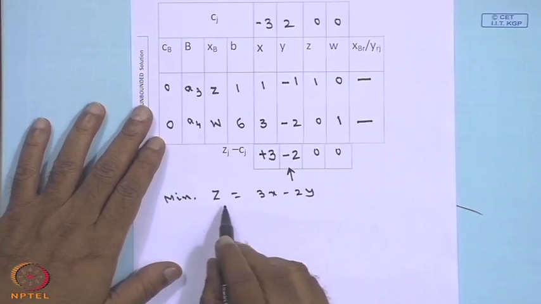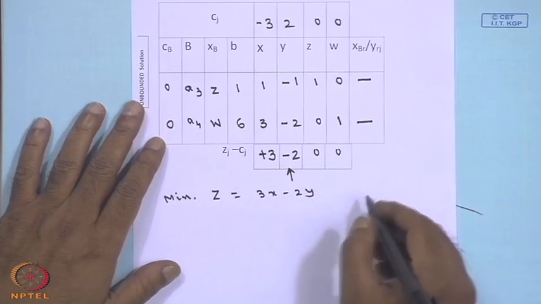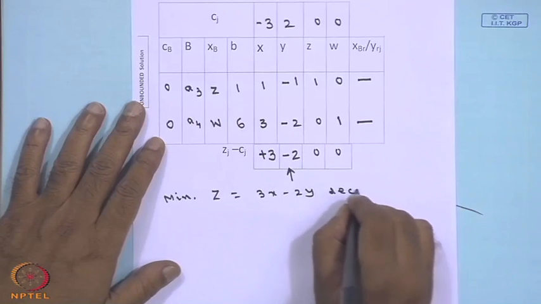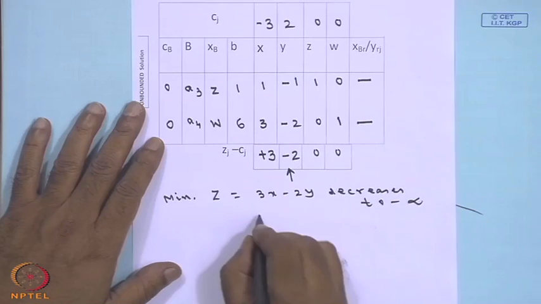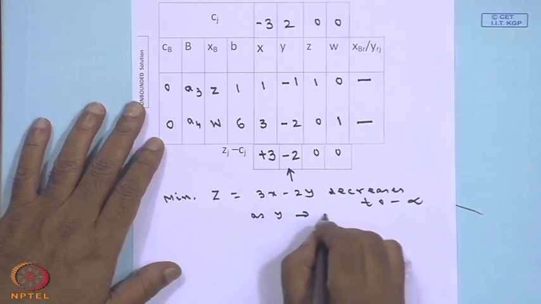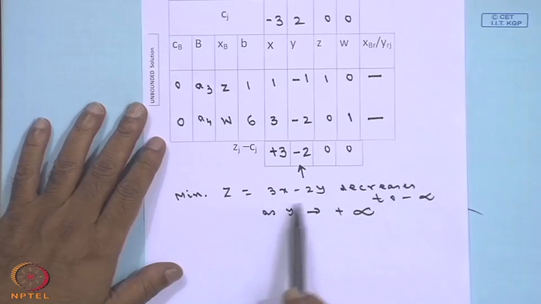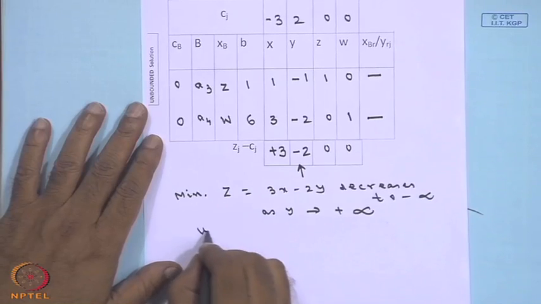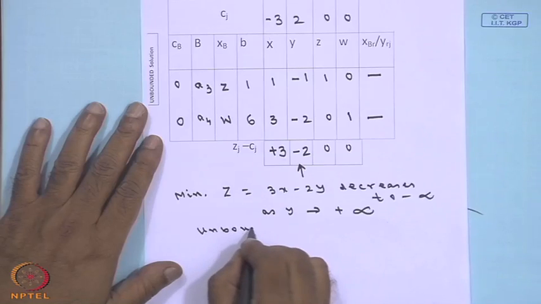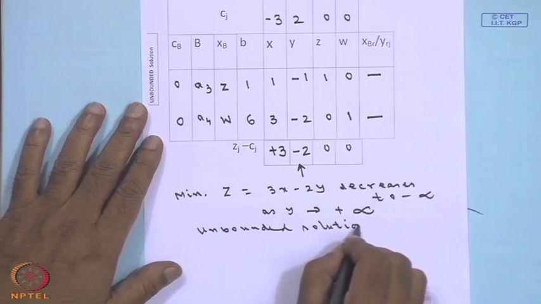In other words, z equals 3x minus 2y decreases to minus infinity as y approaches plus infinity. Is it clear? So, you are not getting any finite solution, and therefore the problem admits an unbounded solution.